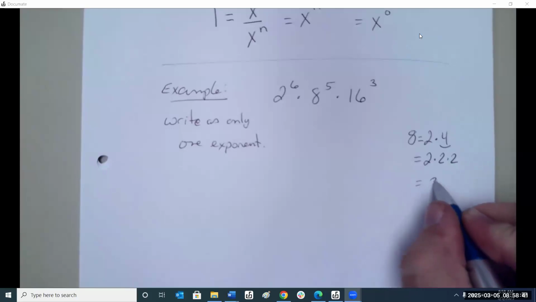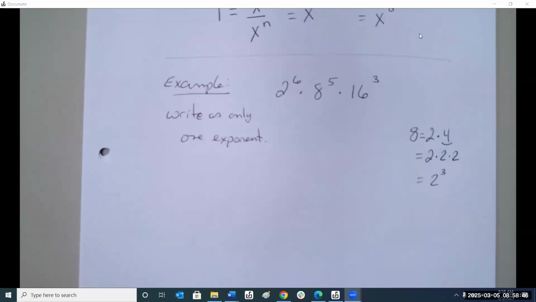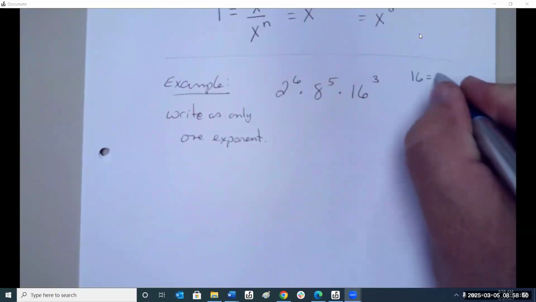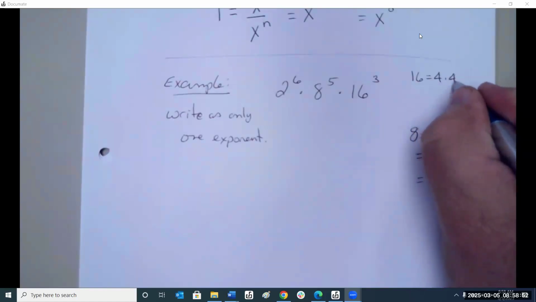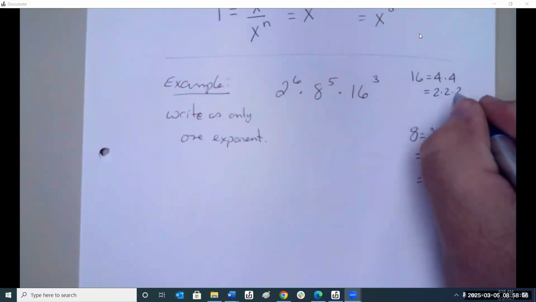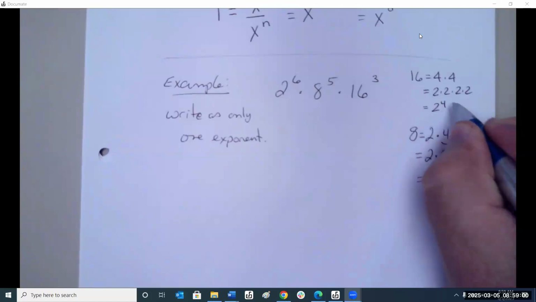So 8 is 2 to the third. What about 16? 16 is 4 times 4. 4 is 2 times 2, 2 times 2. So it's 2 to the fourth.